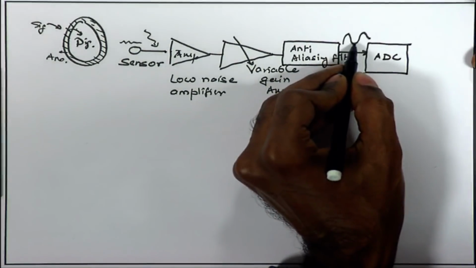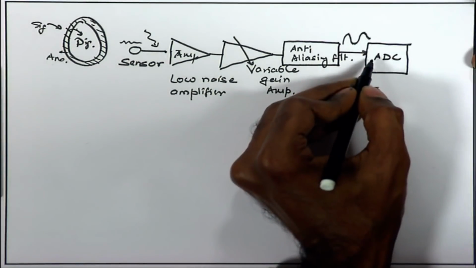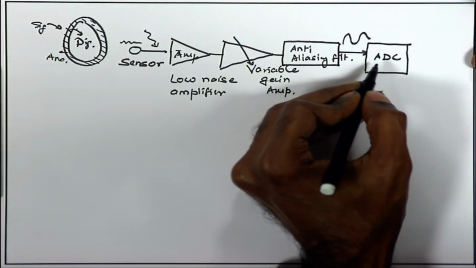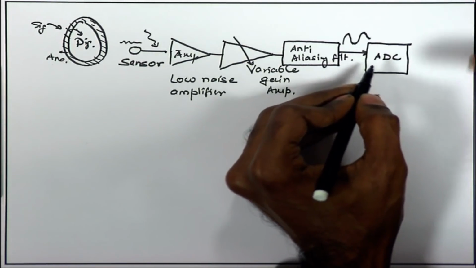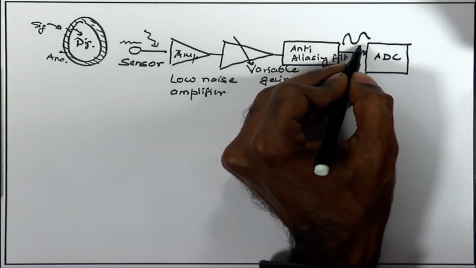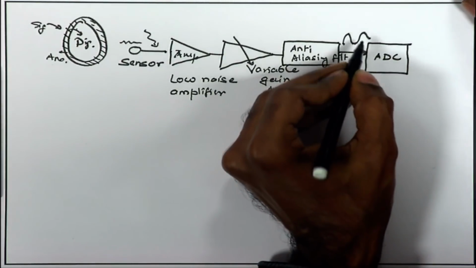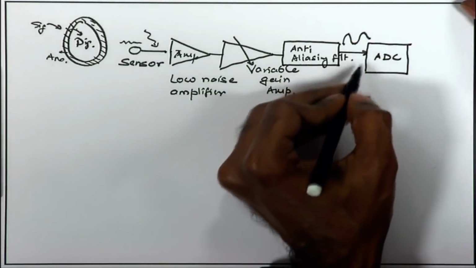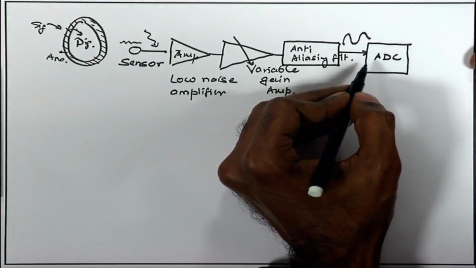The amplification over here is such that it is matching with the dynamic range of the ADC. In general ADC will have a certain dynamic range, it can process input signal from certain maximum value to certain minimum value. So, we have to make sure that the signal reaching at the input of the ADC is having a range matching with the maximum input range of the ADC, so that we can take the maximum advantage of the dynamic range of the ADC.